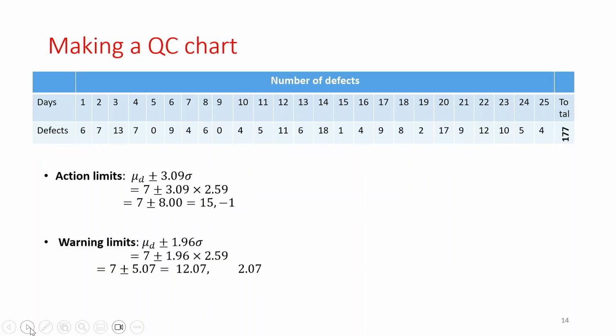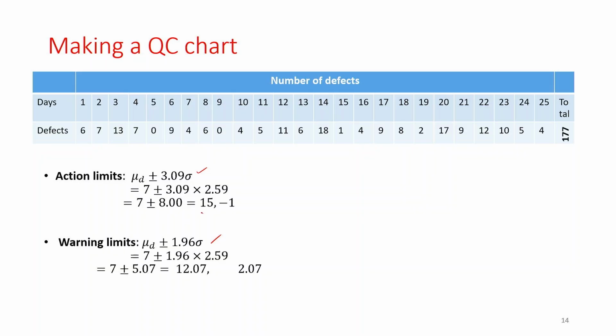Before that, once we start making a chart, we need to know where my action limit and my warning limits are. These two limits, where do they exist? We find the action limits as mu d plus or minus 3.09 sigma and the warning limits as mu d plus or minus 1.96 sigma. If you do it, it is 7 plus or minus 8.